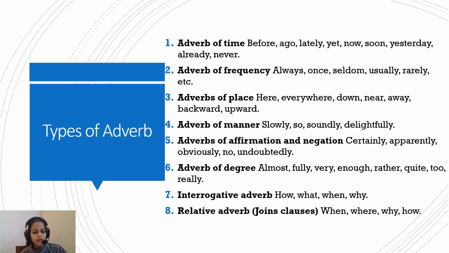Seven categories, adverbs of interrogative adverb. So, like the word interrogation, the word interrogative reflects question. So, how, what, when, why? When you want to ask some questions, these are the adverbs that come handy in asking question. And the eighth category is relative adverb. They are used in joining two clauses: when, where, why, how.